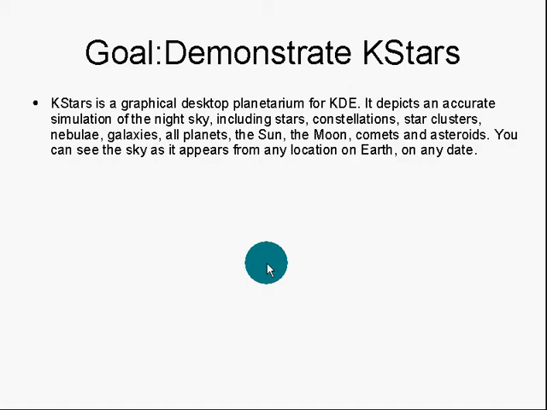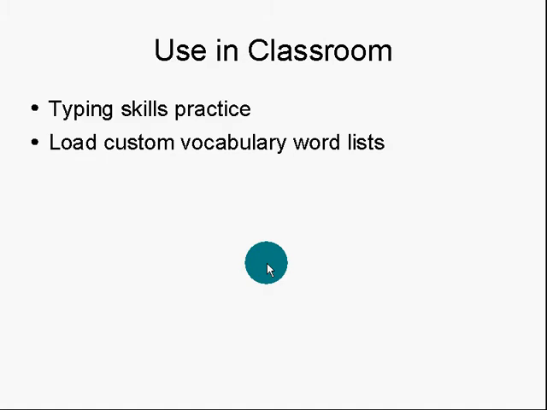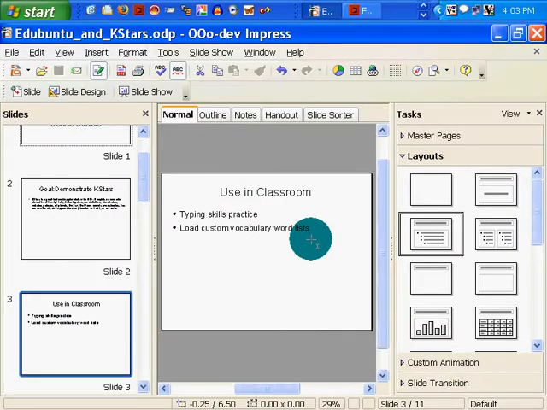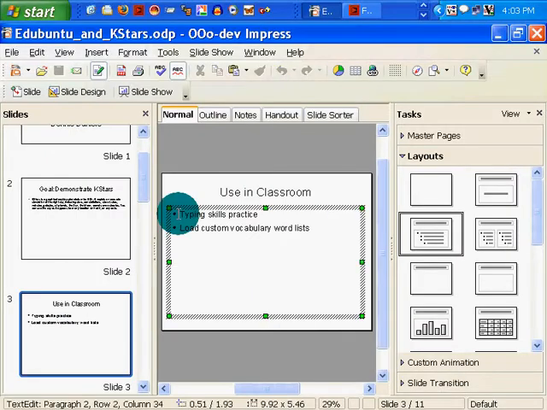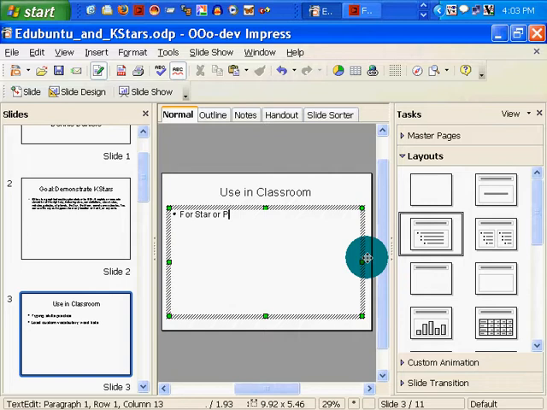You can see the stars from any place on the Earth on any date, which is pretty neat for all these stargazers out there, or teachers that want to encourage your students to look up more often. The way I would use it in the classroom is for a star or planetary unit in your work.